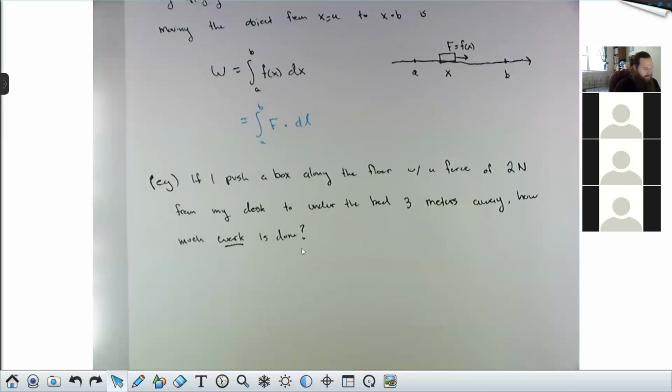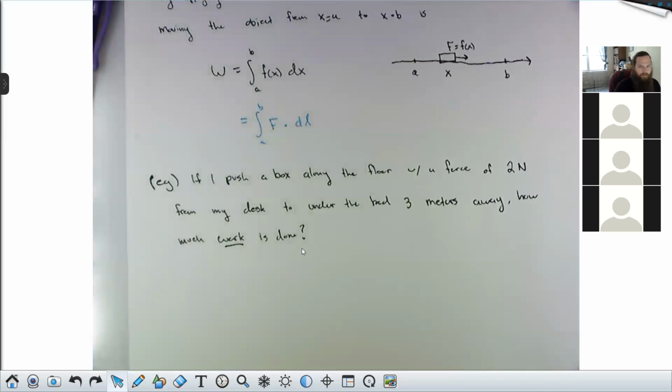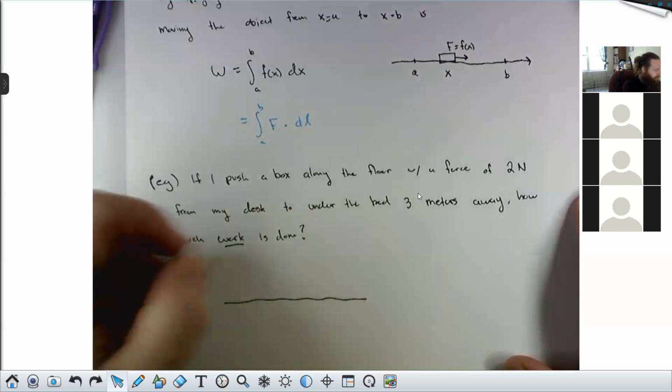There are some questions like this in the textbook that are meant to kind of catch you out with their simplicity. But the idea here is that my force is constant. I'm always pushing with 2 newtons of force. So if you think of it, maybe here's the desk.